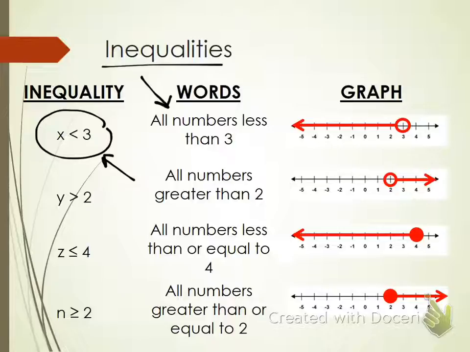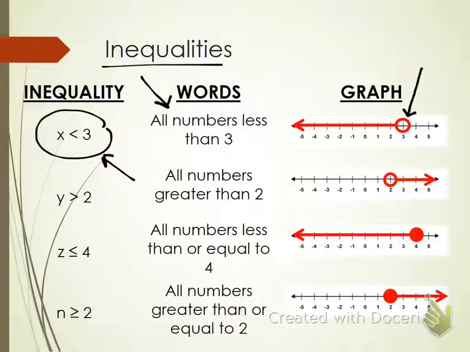Name any number less than 3. Negative 2, 1, 0, negative 3,000. Doesn't matter. All numbers less than 3 will be a solution. So over here on the graph, pay attention. Since the solution is not 3, since it's just less than 3, it is an open dot, and my arrow goes left, showing that all the numbers less than 3 are solutions.